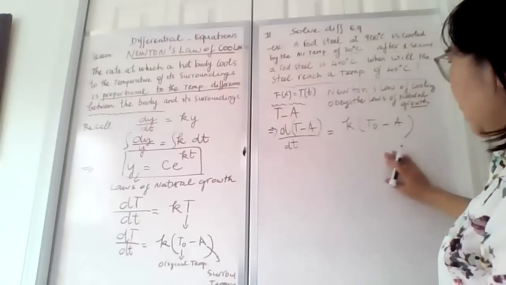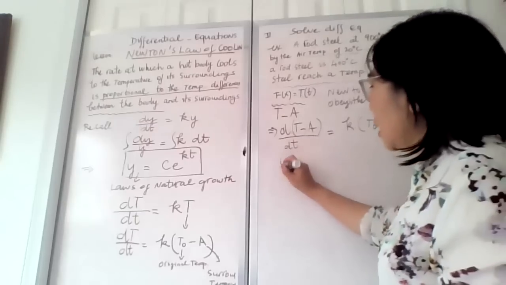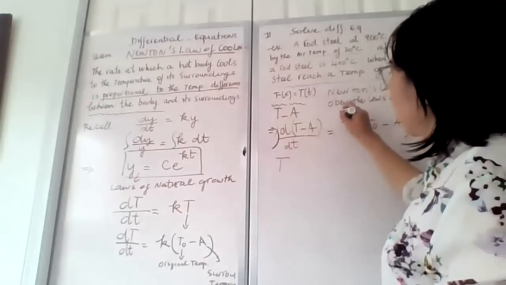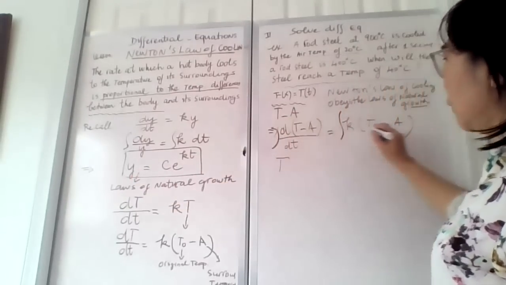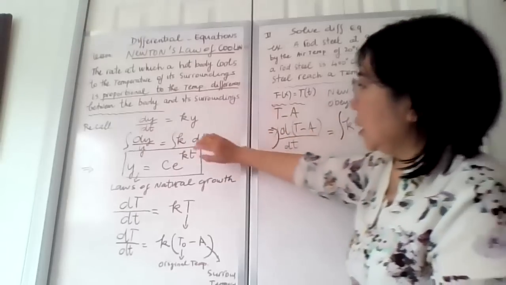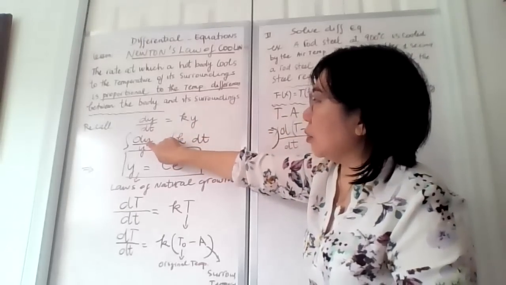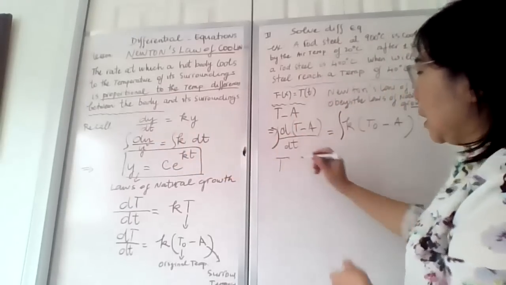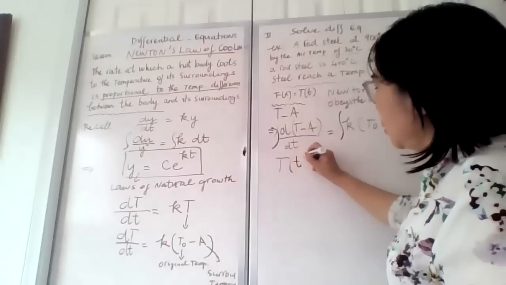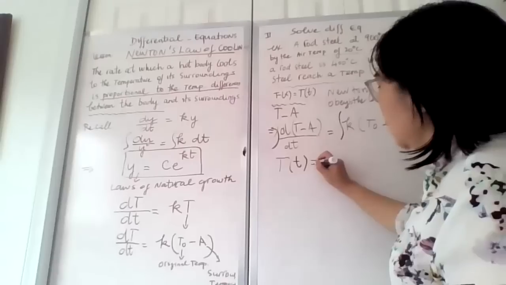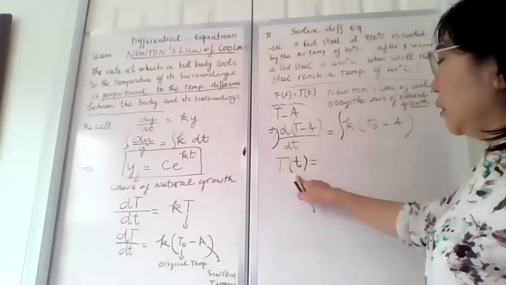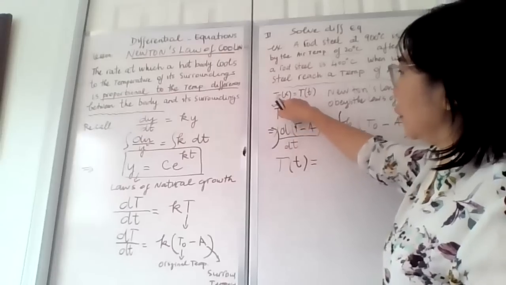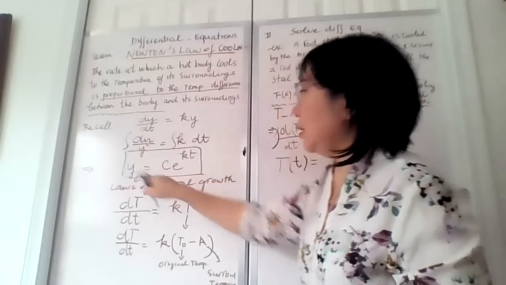So instead of writing like this, we can just rewrite it as this function, right? Because after we integrate both sides, remember, we solve the differential equation, and if we treat this as just one group, it's just like a y function here. We treat this as a y function. Our original function, after integrating both sides and solving the differential equation, will come up as T, temperature with respect to time, the same as the original function f of x, the same as y here, right?